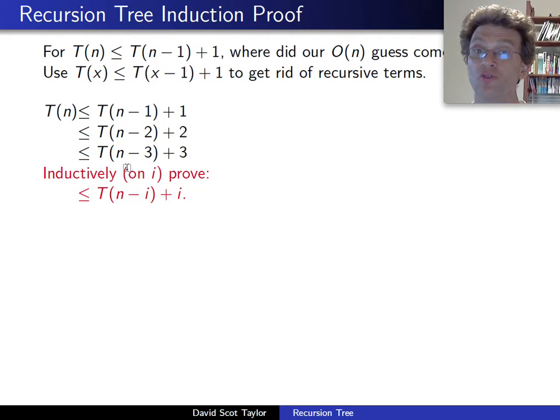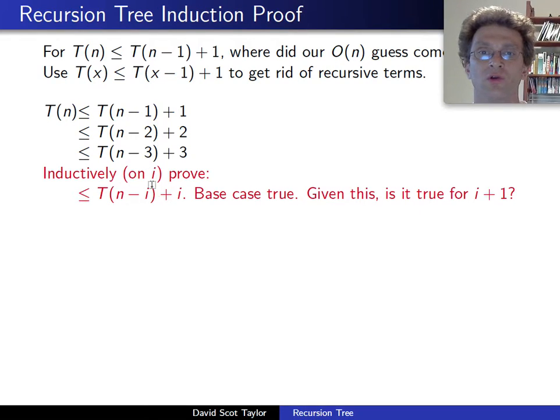So let's prove this line inductively. Let's prove that T of n is less than or equal to T of n minus i plus i. The induction now isn't on n. The induction is on i. We plug in i equals 1. Well, we have our base case. How do we know? Well, we're given that T of n is less than or equal to T of n minus 1 plus 1.